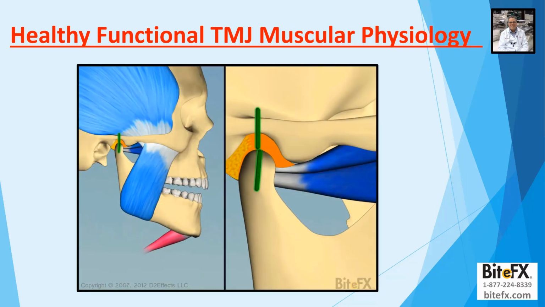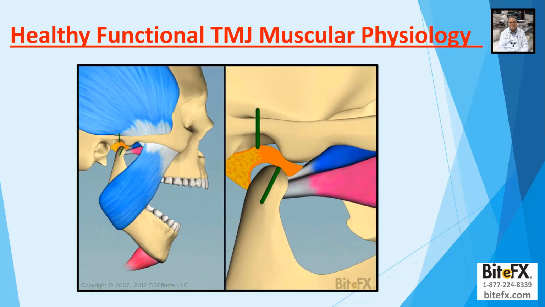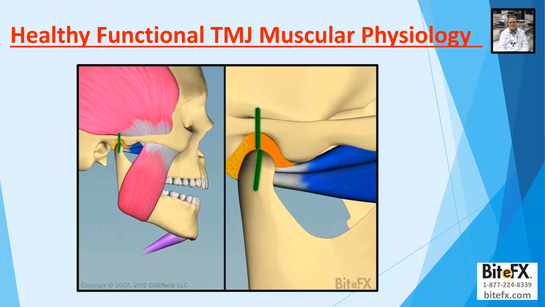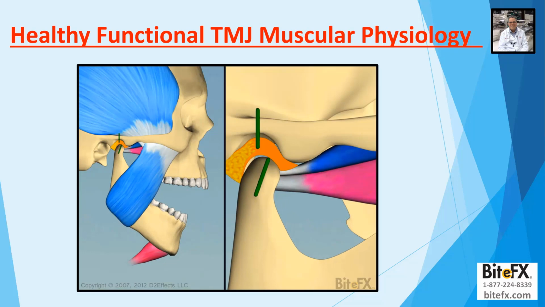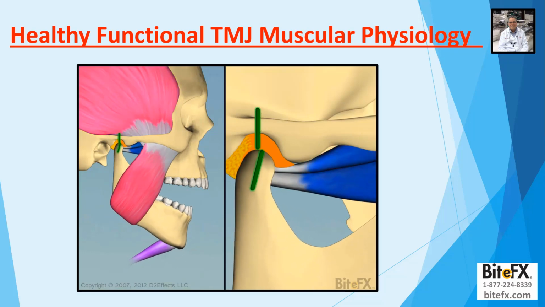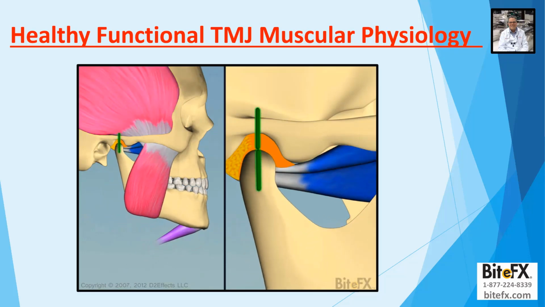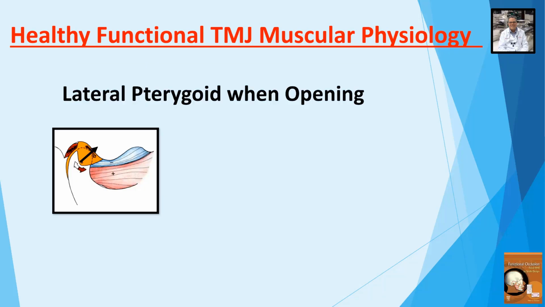We'll do a little bit of a close-up now, and what we're going to focus on for a little bit is that lateral pterygoid. Notice as this opening and closing occurs that it's really broken into the two heads, and one contracts and then the other one is relaxed, and vice versa. Now the lateral pterygoid when opening, we'll view that in detail.